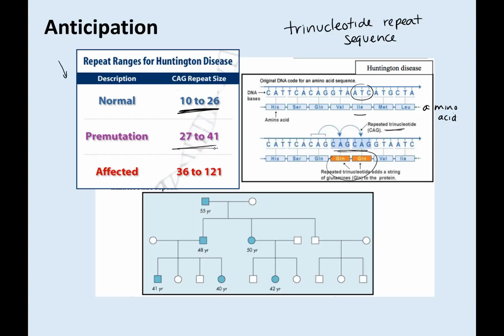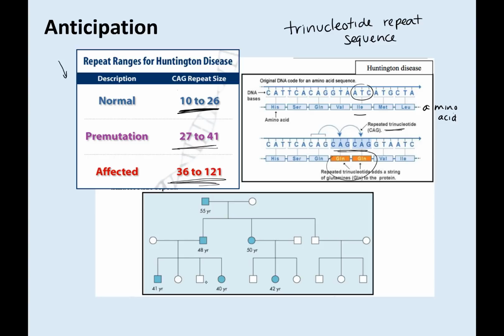So there might be some issues in the protein function, and therefore in the onset of Huntington. And once you get to 36 to 121 of these repeat sequences, you become what we call affected, which means you will have and show signs of Huntington disease.